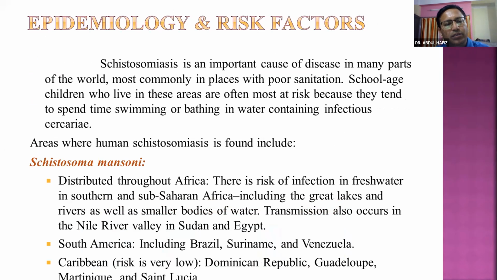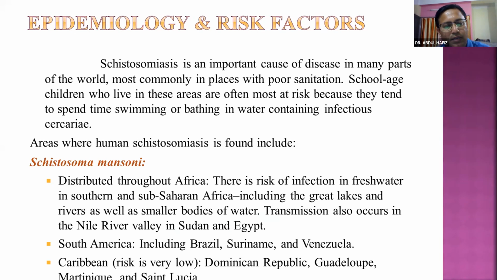And epidemiology, I've already told that it is worldwide, especially in South African countries and developing countries. Those who bathe in contaminated water can also be infected by cercariae. Areas where human schistosomiasis occurs include South African countries and sub-Saharan countries.